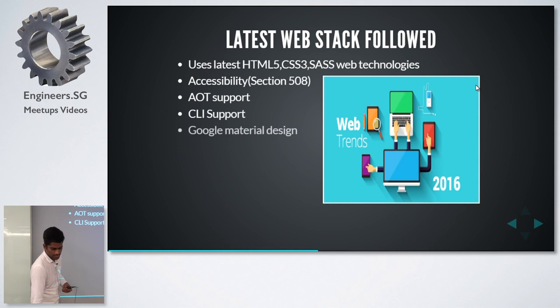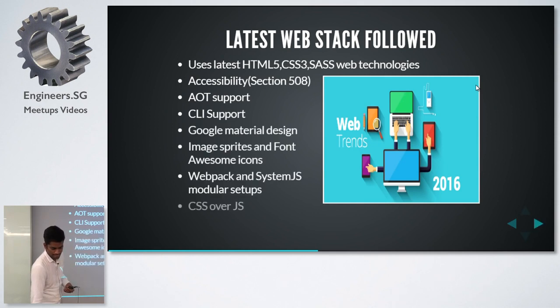What are the technologies used in PrimeNG? Here you can see all the latest technologies: HTML5, CSS3, and Sass as a pre-compiler, and it provides accessibility support for screen readers and keyboard support, and AOT support as well, ahead of time compilation. This will improve the performance of Angular applications. It will compile the application at compile time itself, not at runtime.